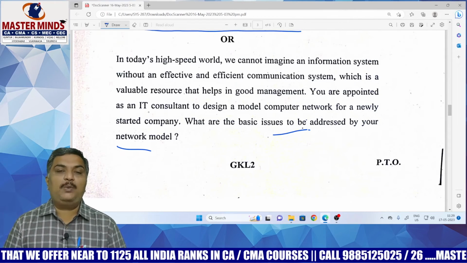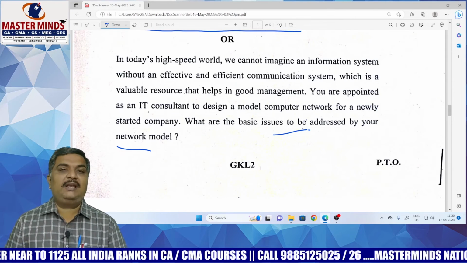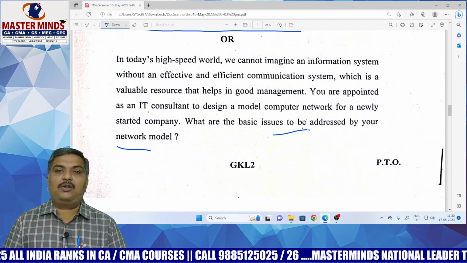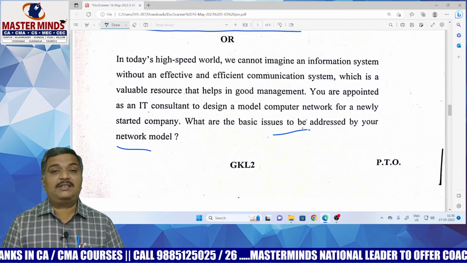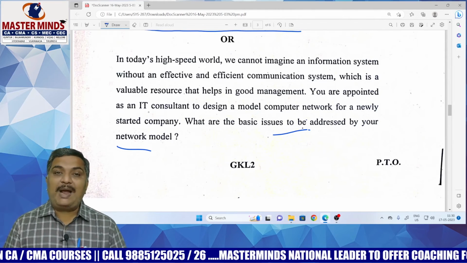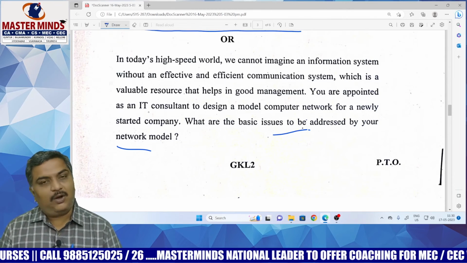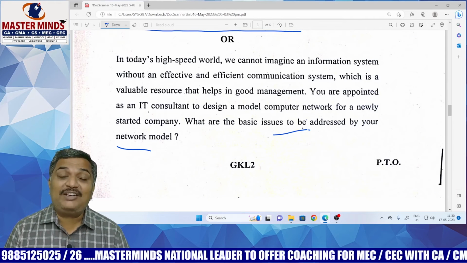And the second one will be bandwidth issues. Whenever you are designing a network, there should not be any bandwidth related issues in your network. So you should design the network in such a way that there is proper bandwidth available for the network operations being carried out in the organization. And the third one, the most important issue, is contention.